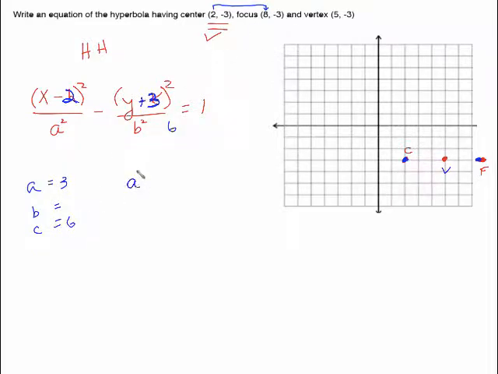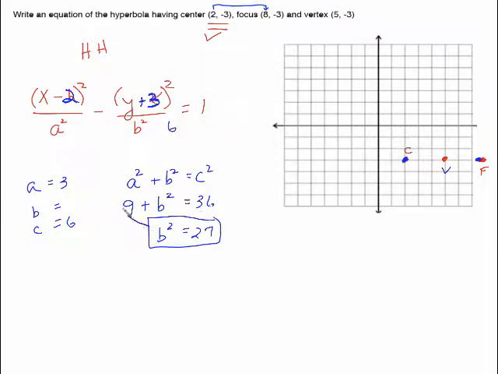We will use a squared plus b squared equals c squared to find out what b is. 3 squared is 9, plus b squared, c squared is 36, subtract 9 from both sides is 27. And incidentally, every one of these I keep going and solving for actually a and b and perhaps c, but I don't really need to do that. What I'm looking for is b squared. b squared is 27, so I can just put a 27 in that position.